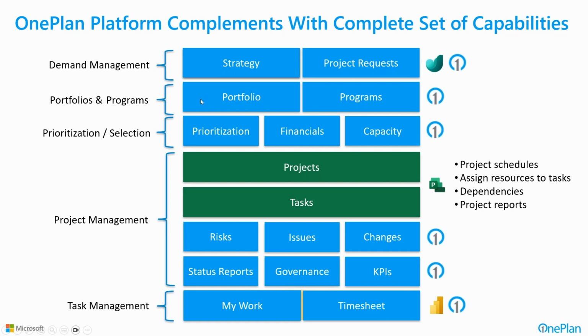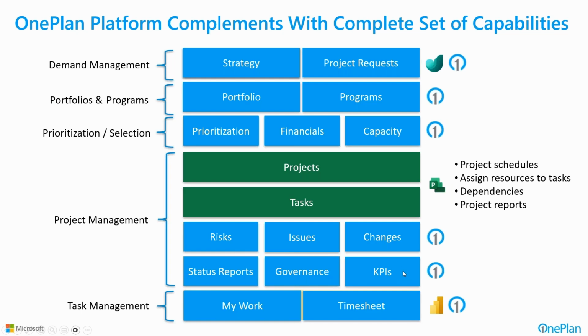When I talk about portfolio management, we're talking about advanced portfolio management with things like what-if analysis, et cetera. Aggregating like projects on a similar work stream into programs, and being able to do advanced prioritization, detailed financial tracking, resource capacity planning, and all the other things on the execution side, like issues, risks, changes, status reports, governance, KPIs around your project portfolio.